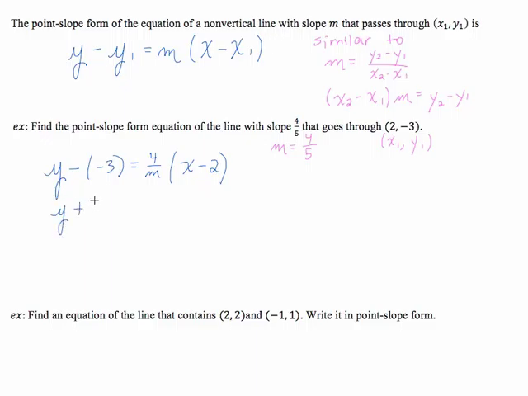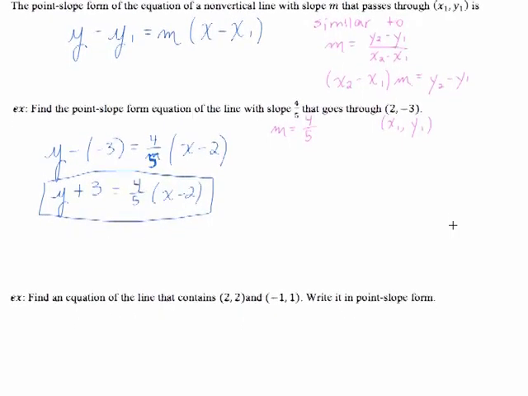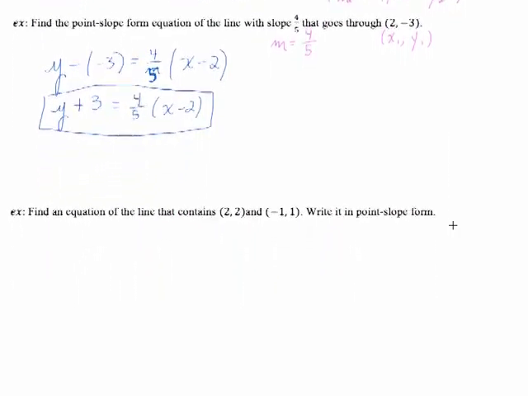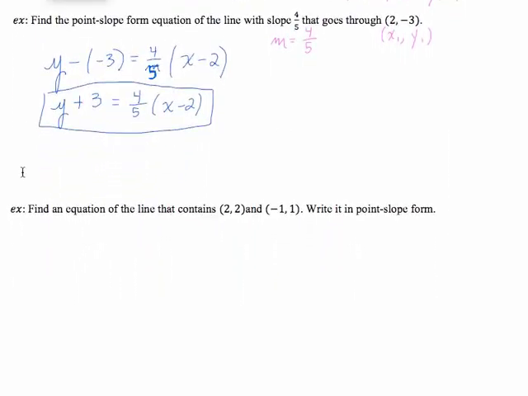And you can simplify here and write it as y plus 3 equals 4/5 times x minus 2. That is a point-slope form equation of this line. You could solve for y and put it in the slope-intercept form, but it's not necessary in this example.